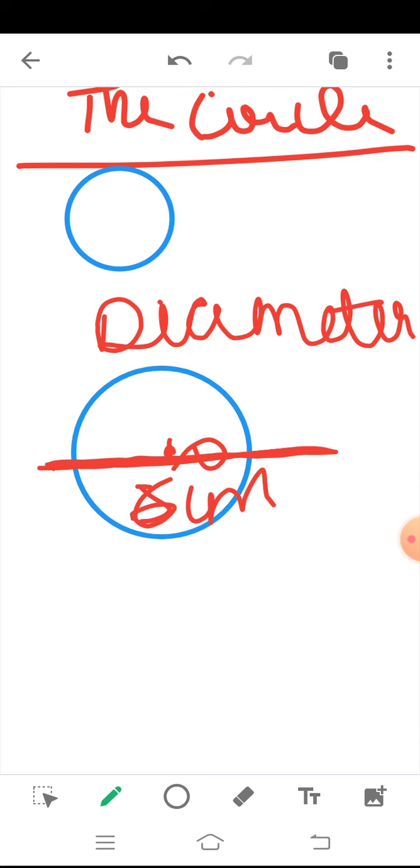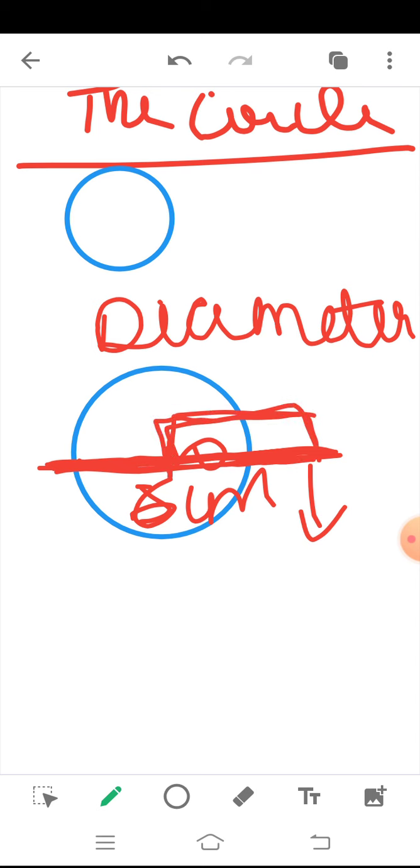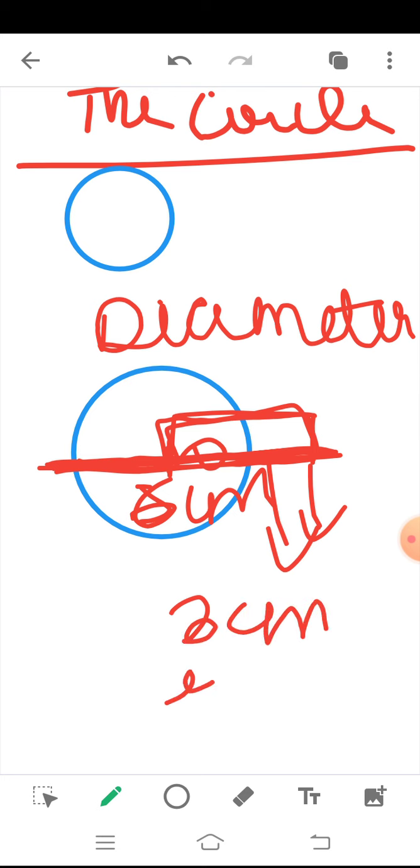So this is known as a diameter of a circle. A chord passing through the center of a circle is called a diameter. This is the diameter of a circle, and the half is known as what? Radius. This 3 centimeter is known as radius. So we have covered two topics in this only.